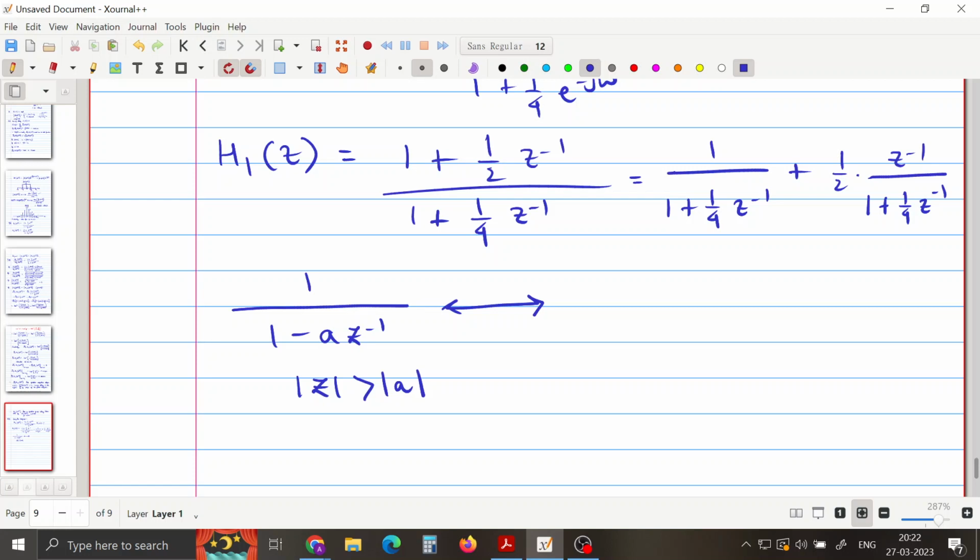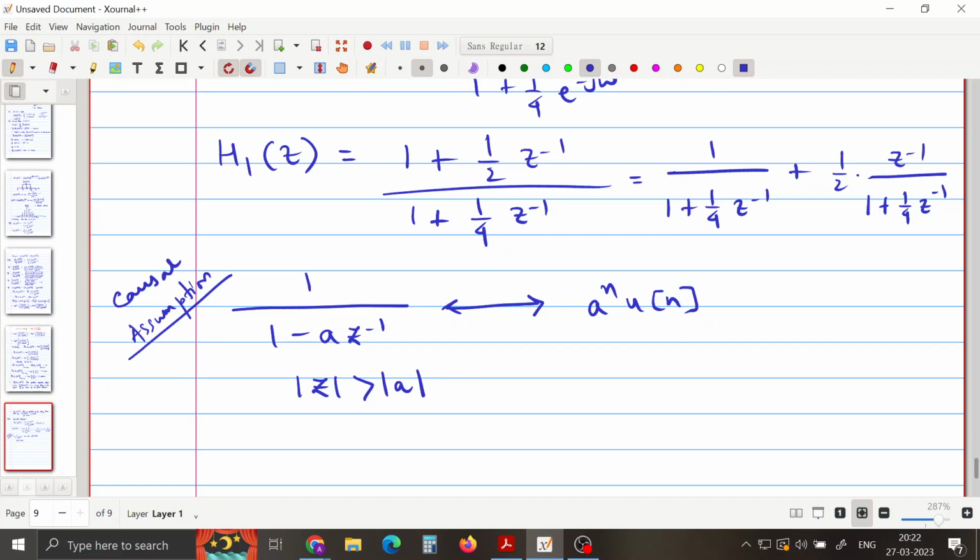The assumption is causal. If this is the case, in the time domain sequence, on taking its inverse Z transform, it goes to a power n u of n. This is known. We know this. And we will just use this here.